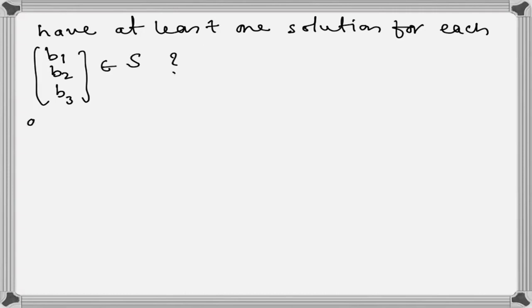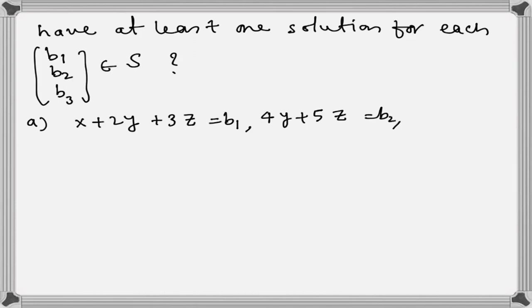The first system is x plus 2y plus 3z equals B1, the second equation is 4y plus 5z equals B2, the third is x plus 2y plus 6z equals B3.